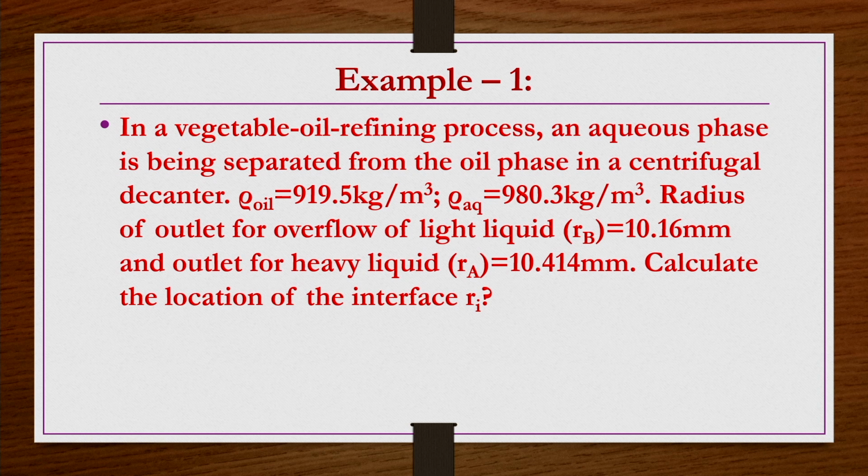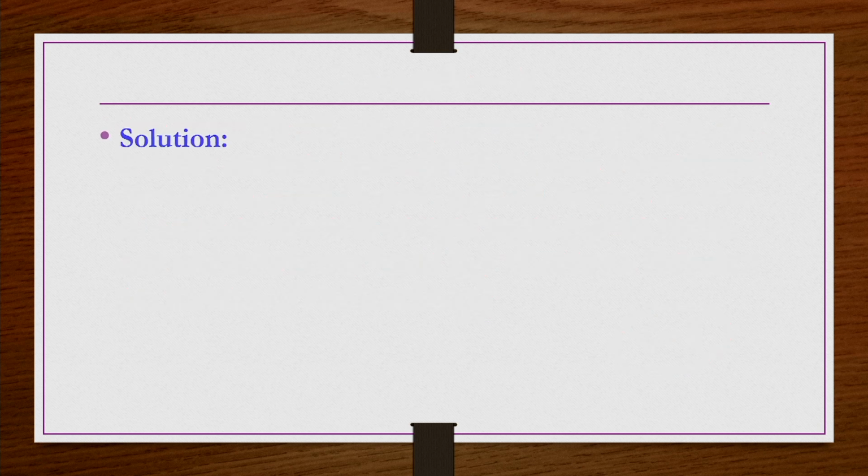Calculate the location of the interface Ri, or the size of the neutral zone, that we have to find out. The derivation for Ri was done in a previous lecture; there we did not take any problem, so we are taking it here.